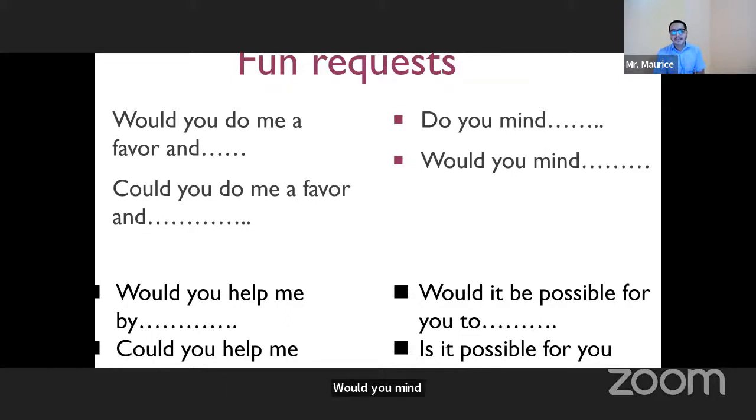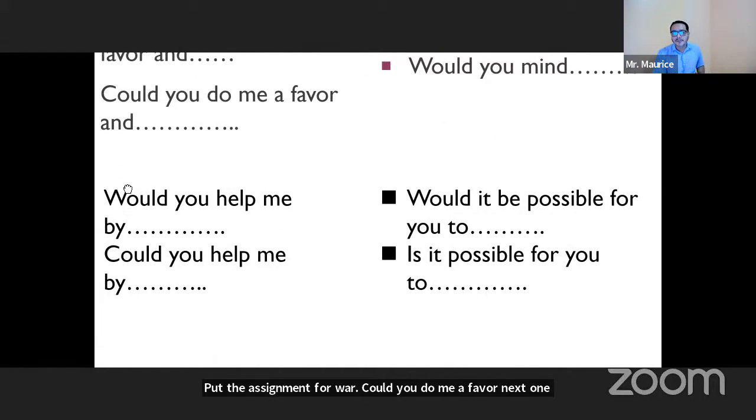Listen and take notes, please. Could you do me a favor? ¿Podrías hacerme un favor? Next one. Would you help me buy? ¿Me ayudarías? Would you help me buy? Next one. Could you help me?